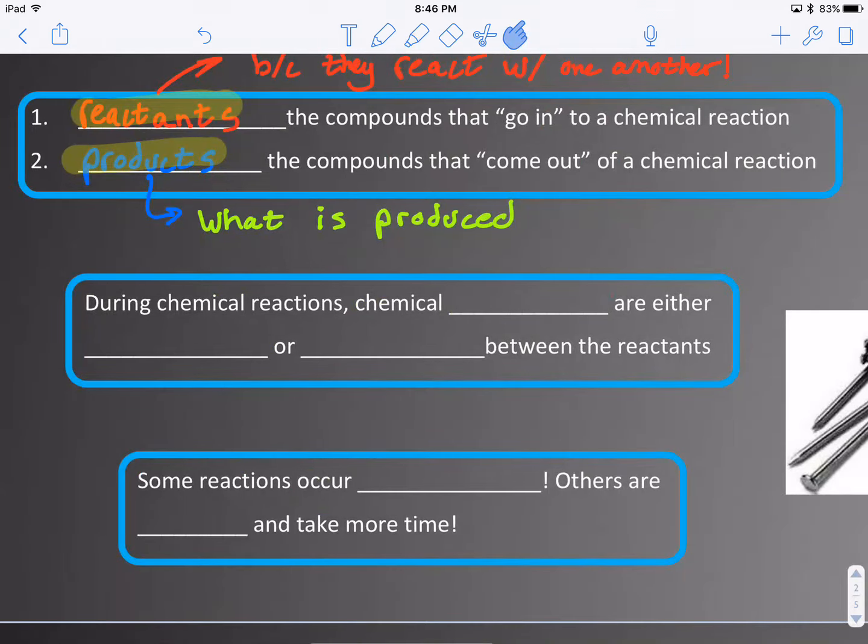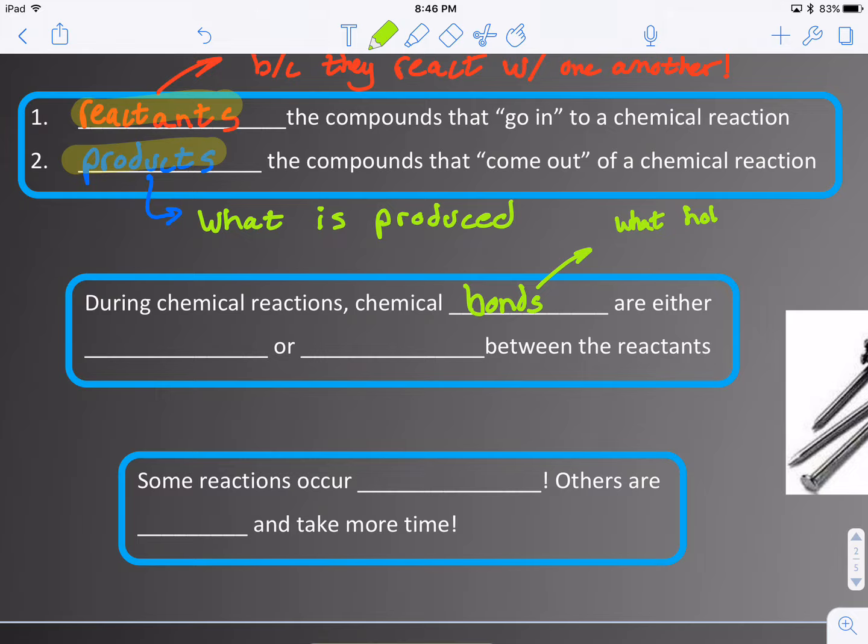Okay, and if you guys can think all the way back to Unit 2 when we started talking about water and stuff, what happens is that chemical bonds, okay, these are, remember, what holds two or more molecules together.